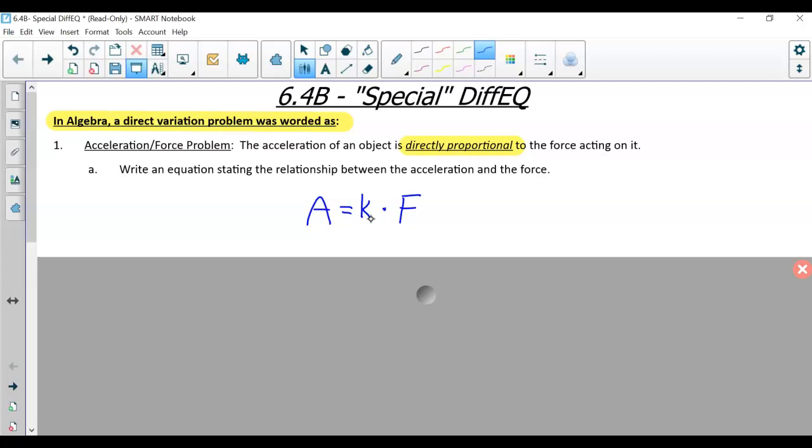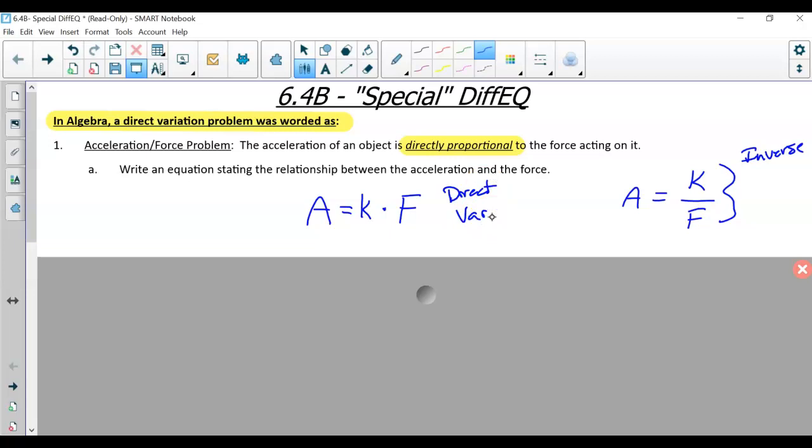So this is what we're going to be working with, and if acceleration varied inversely with the force acting on it, I would have acceleration equals my constant divided by the force, because inverse variation was basically division. This is inverse variation, and this is direct variation.